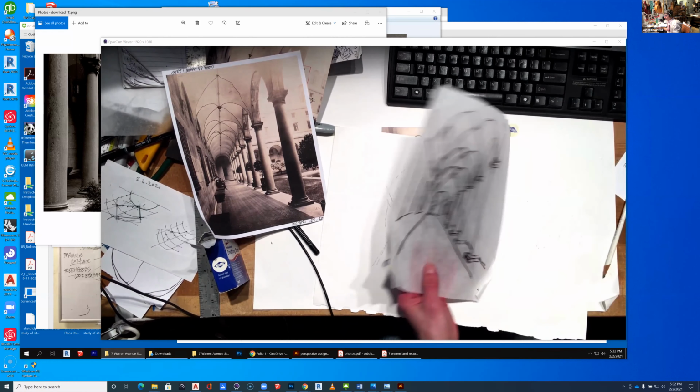The idea that you have enough of the drawing in there, and then knowing what you know about it, you can complete some of that.